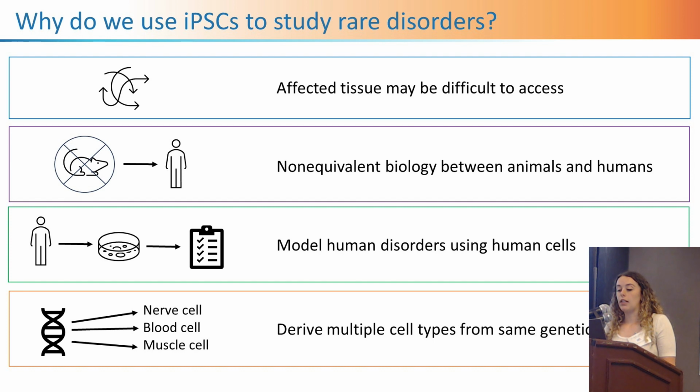And with iPSCs, we can model human disorders using human cells. And this can also be helpful for multisystemic disorders because we can reprogram and then differentiate the cells into different cell types of the body while maintaining that genetic information so we can study that pathogenic variant in the context of different cells.